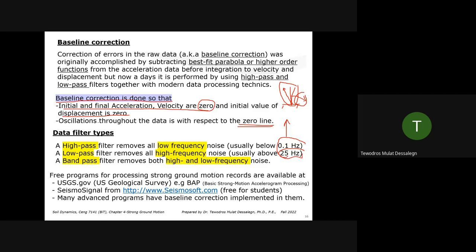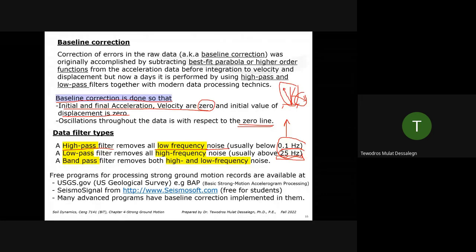And the baseline correction is data filtering, high frequency, low frequency filtering. There is software doing this, so this is not going to be done by hand. A high pass filter removes all low frequencies. Anything below 0.1 hertz, we don't need. We remove it using a high pass filter. Anything above 25 hertz, depending on the structure you're designing.